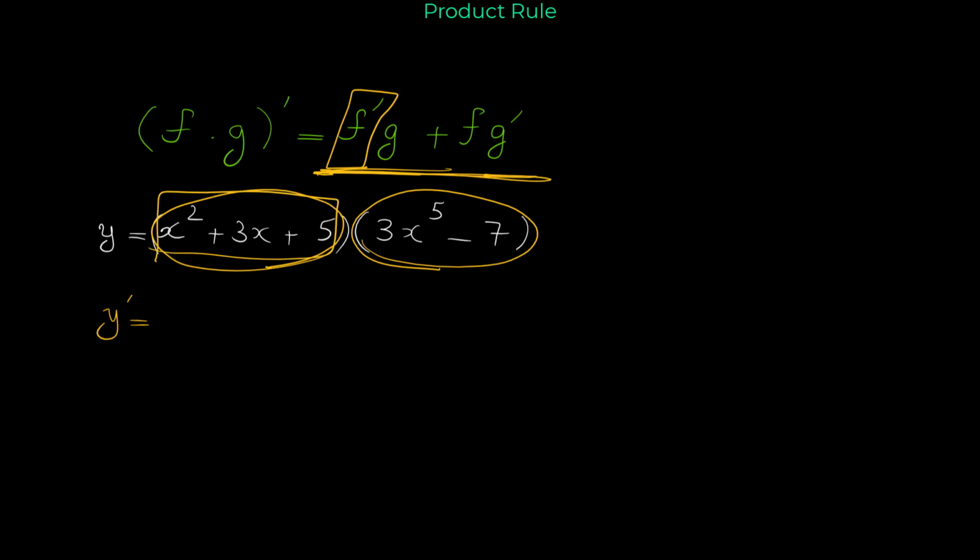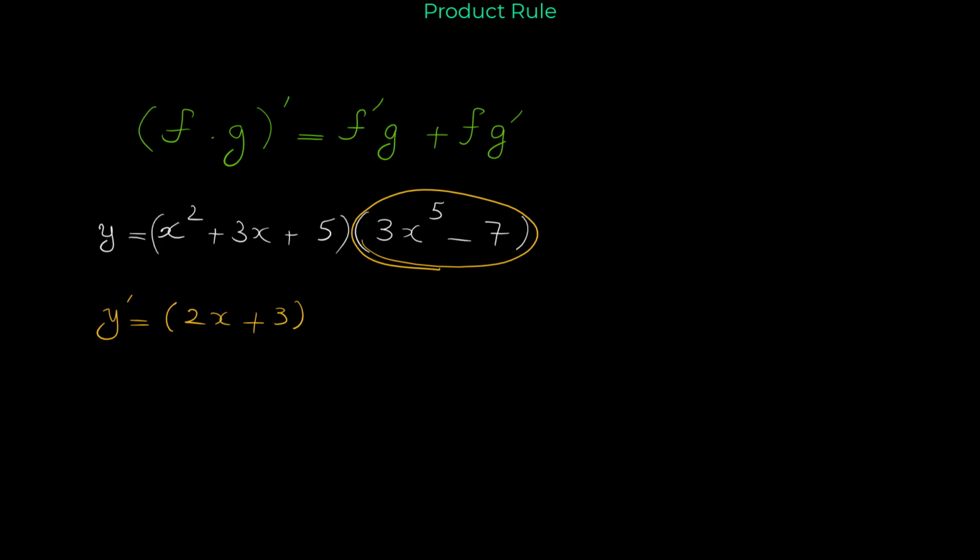And the derivative of x to the 2 plus 3x plus 5 is 2x plus 3. The derivative of x to the 2 based on the power rule is 2x. The derivative of 3x is only 3. And the derivative of 5 is 0, because we know that the derivative of any constant is 0.